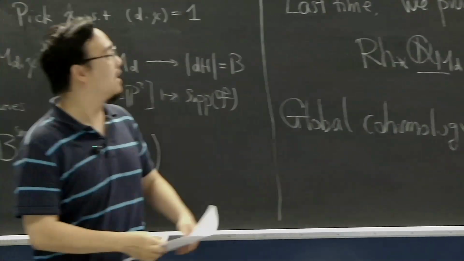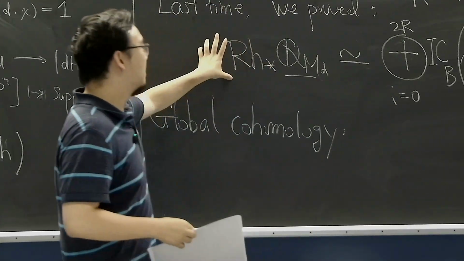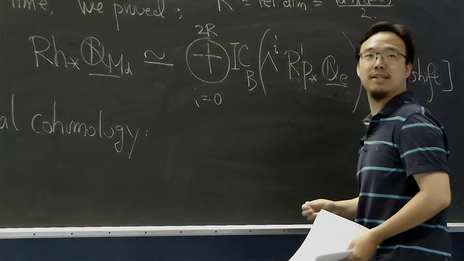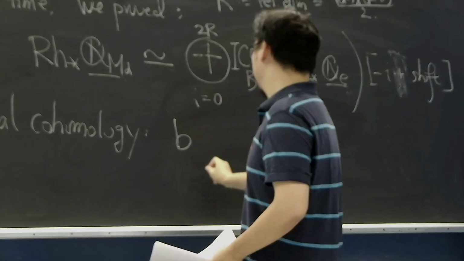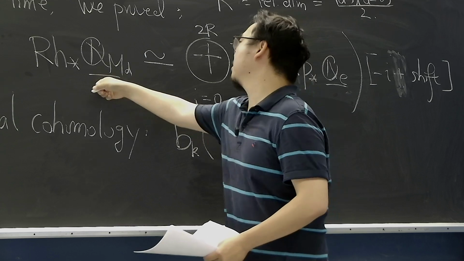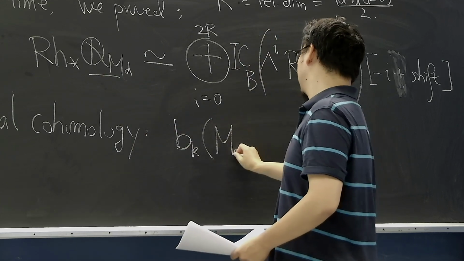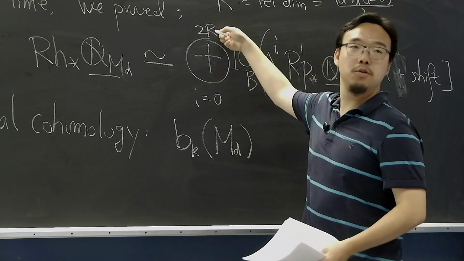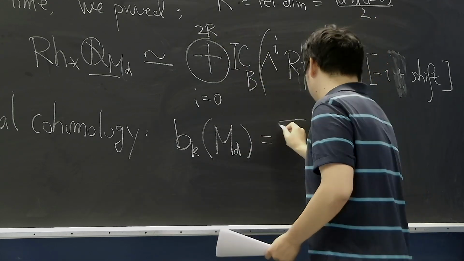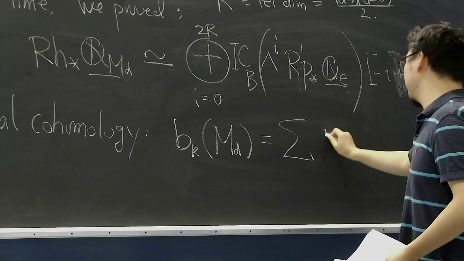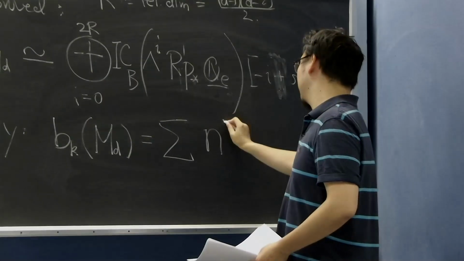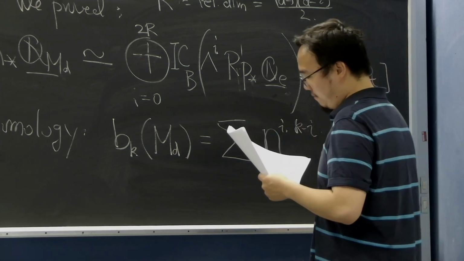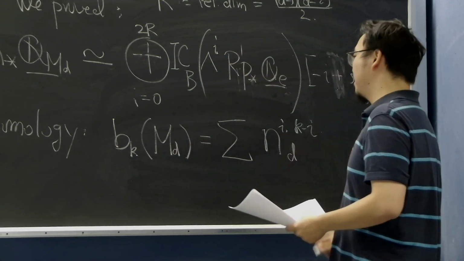This tells us that the decomposition theorem can help us decompose the total cohomology of M_d in terms of some pieces. So let me write it this way. b_k, the Betti number, calculating the dimension of H^k of M_d, can be written in terms of 2r plus 1 pieces. I use the notation n_{i,k-i}, which only depends on the degree.